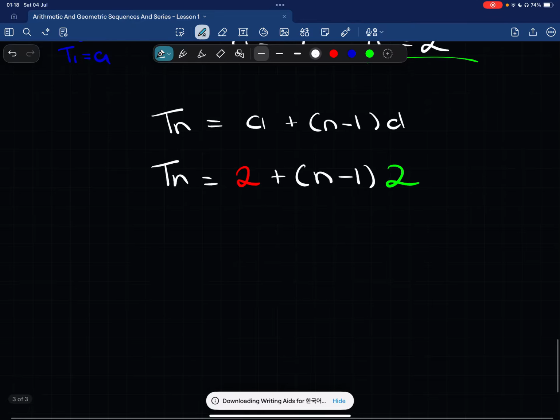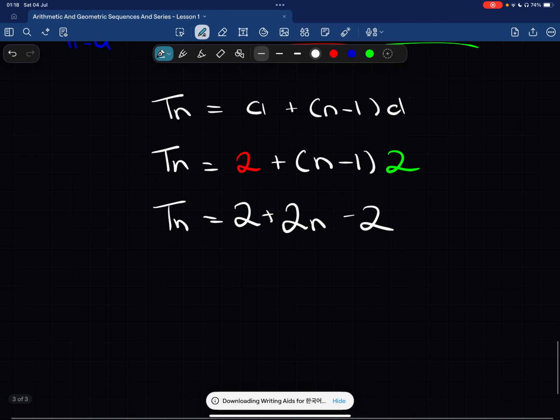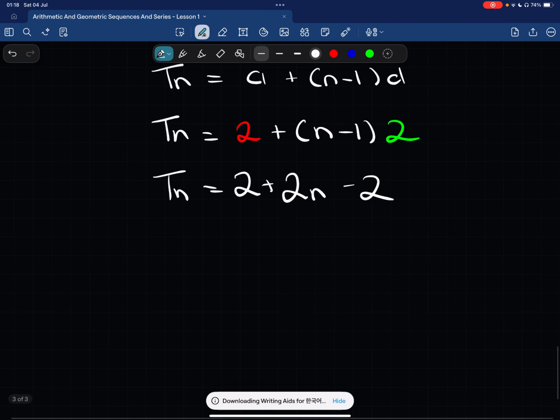And now we can just expand this. This is basic grade 8 expansion. So 2 plus 2 times n is 2n. 2 times negative 1 is negative 2. And therefore, this 2 and this 2 cancel. Therefore, Tn is equal to 2n.